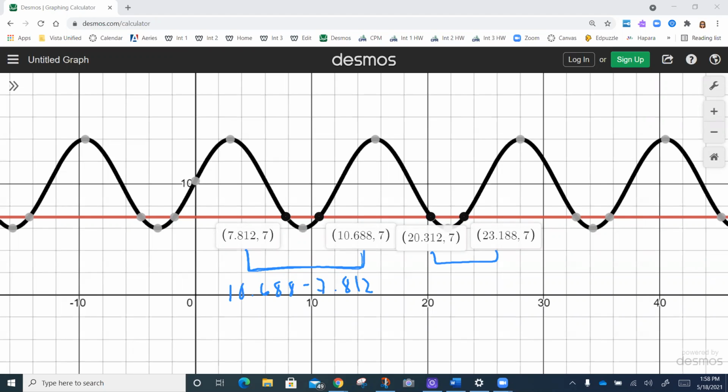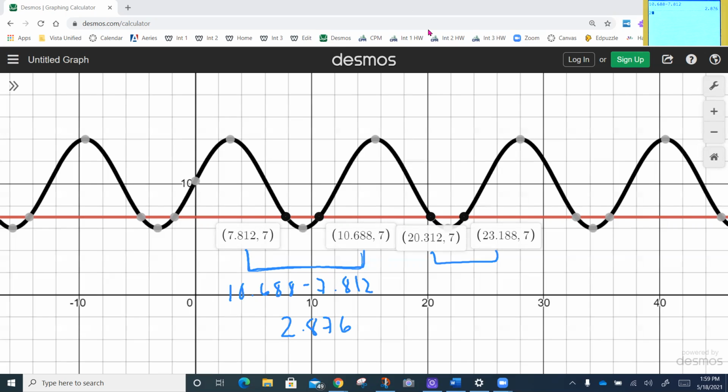So let me get my calculator here for a sec. Okay. So I'm going to take 10.688 minus 7.812, and I get 2.876.